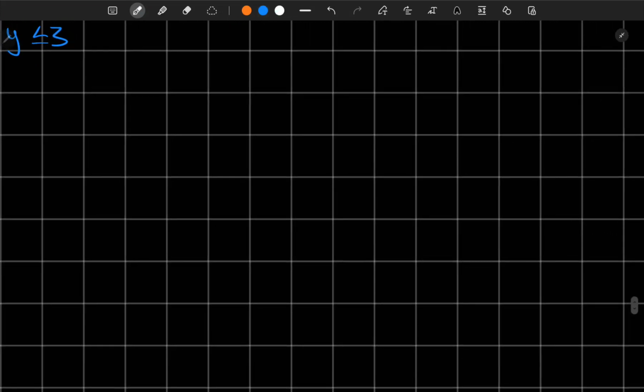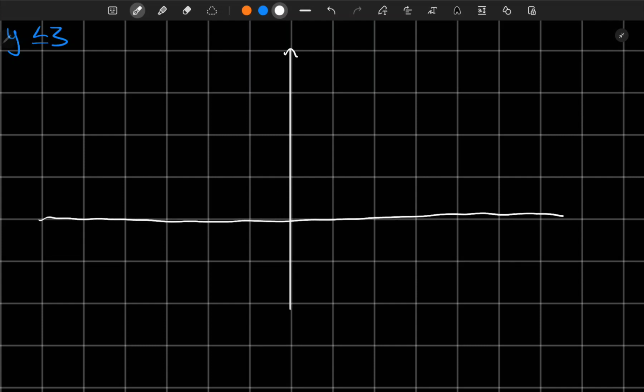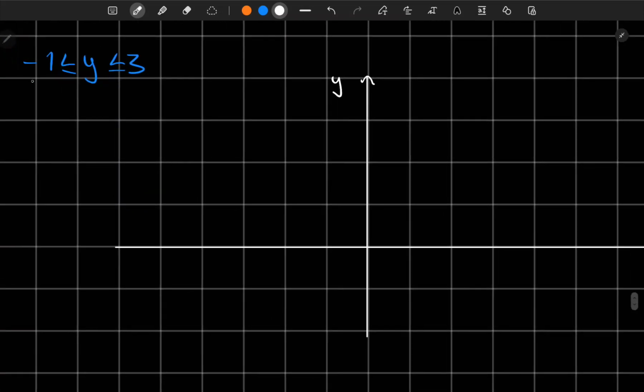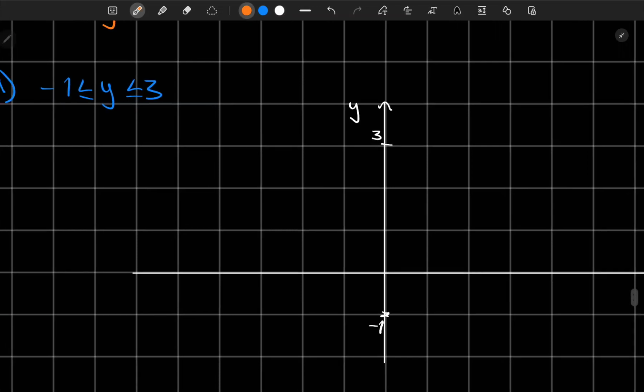Well, if we wished to sketch this, we would proceed as follows. We first draw the XY plane, given here, and then we find -1 and 3. Well, -1 is here, and 3 is up here. This region contains both 3 and -1 because it's a less than or equal to sign.